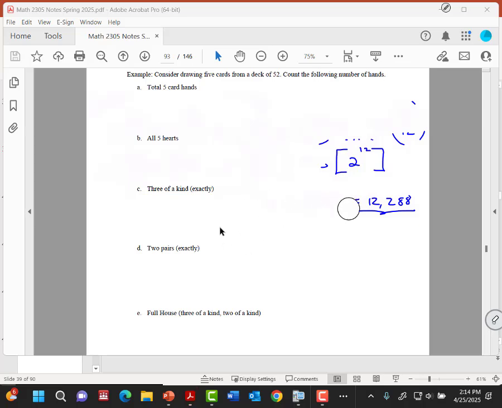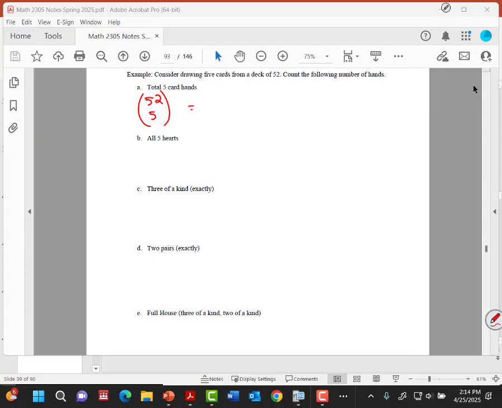Consider drawing 5 cards from a deck of 52. Count the following number of hands. Okay. So, total 5 cards. Well, this is simply from the 52 cards, choose 5 of them. Remember, this is 52 factorial over 52 minus 5 factorial times 5 factorial.